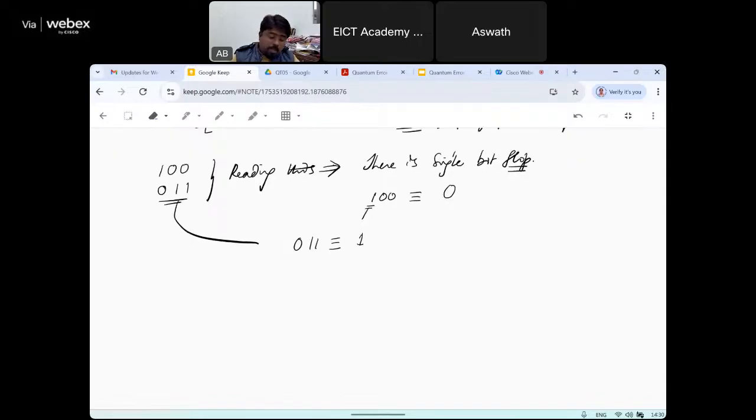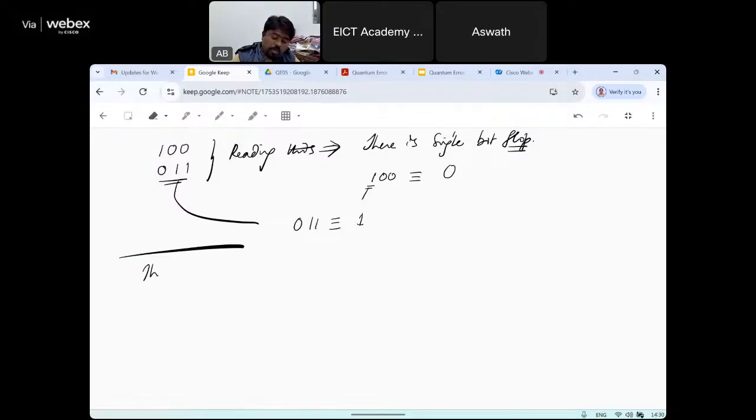So 0 1 1 is equivalent to 1. Remember, this works only if a single bit gets flipped. Only in that case. Let's say 2 bits get flipped.